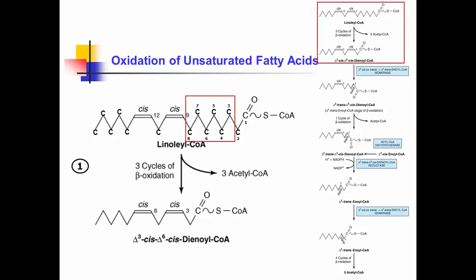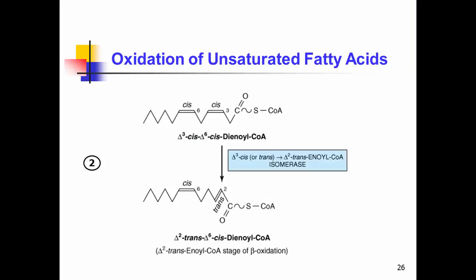Because of the existence of the double bond here, beta oxidation cannot take place. So what we need to do here is to rearrange the double bond and make the single bond carbon available for beta oxidation. The rearrangement uses an enzyme called isomerase to rearrange the double bond.